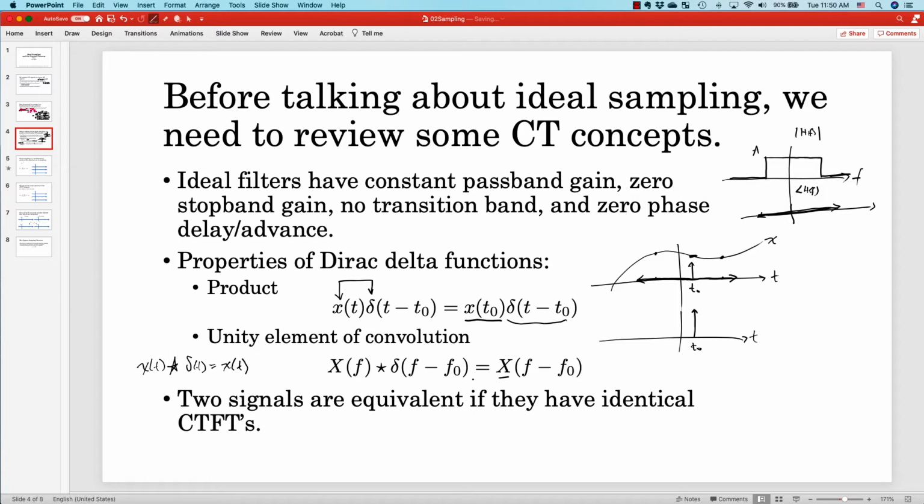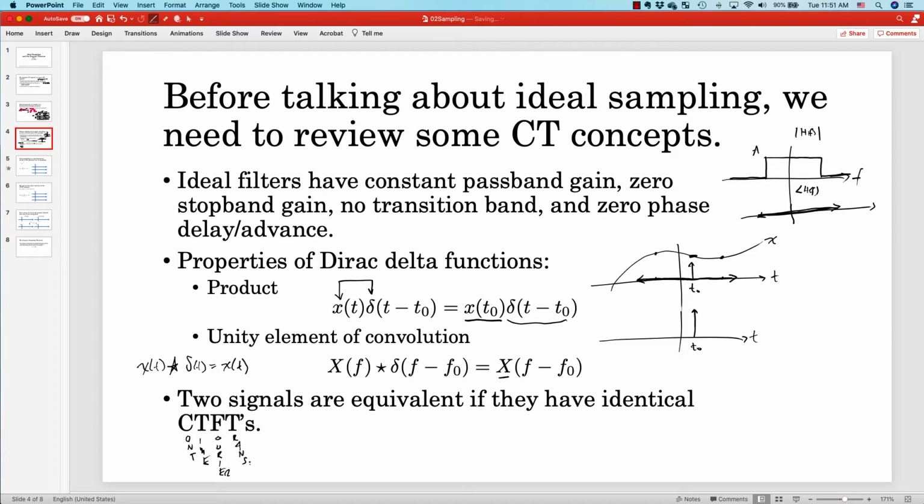And then lastly, something that you likely knew but may not have thought much about: if I have two signals, and I find out that their continuous time Fourier transforms are the same. That's this abbreviation, sorry, CTFT, continuous time Fourier transform.